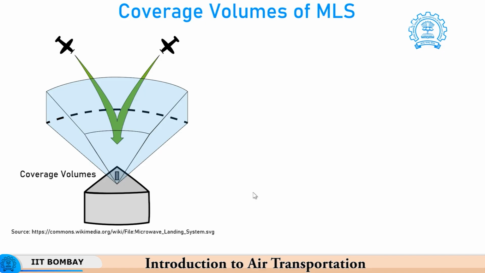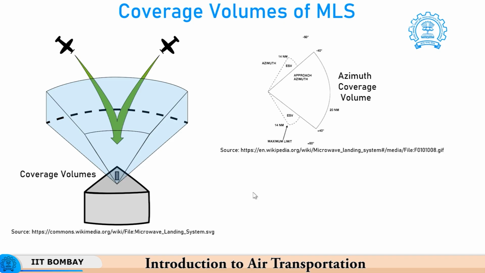You can look at the coverage volumes of the MLS system. You can see that on both the sides there is a huge coverage volume, and therefore, it allows you to come in curved paths. Focusing on the azimuth coverage volume, you can see that up to plus minus 40 degrees at a range of 20 nautical miles, the MLS system can give the coverage, and this particular coverage can be further widened to about 60 degrees, but then the range will be reduced to around 14 nautical miles.